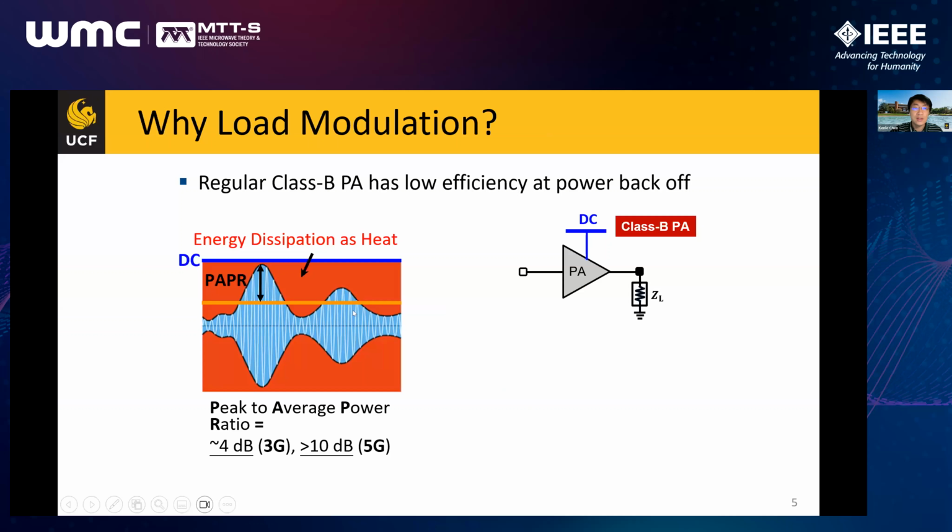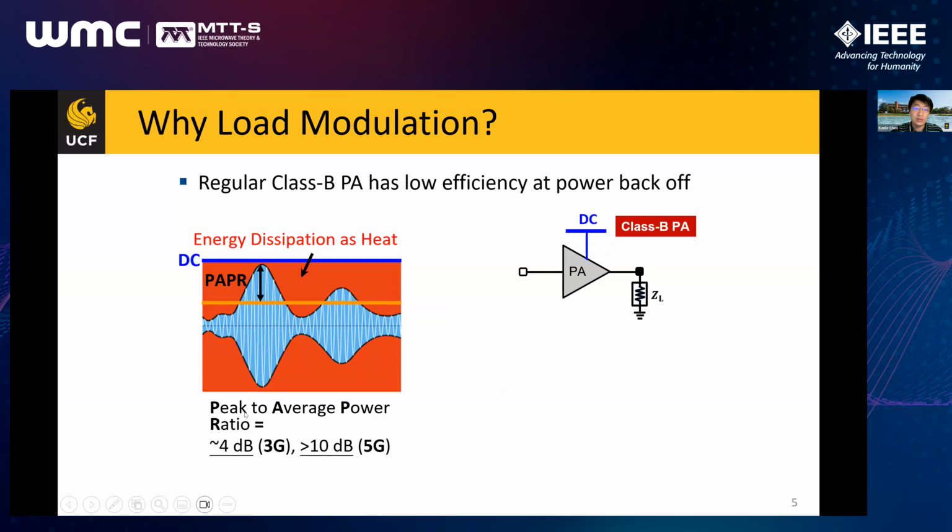As you can see in the left figure, the essence of wireless communication is that we need to encode all the wireless data onto the radio wave, especially in its amplitude and phase. That means the amplitude of the radio wave is constantly varying. And this variation can be quantified as the peak to average power ratio, or PAPR.